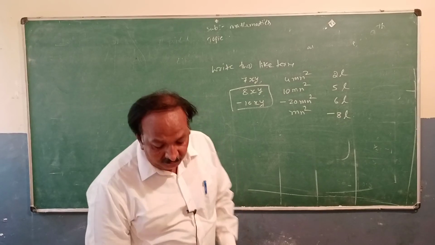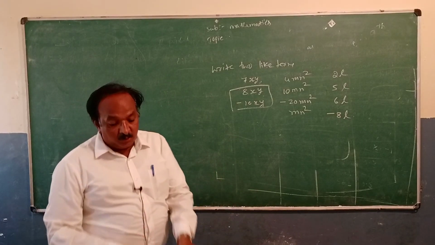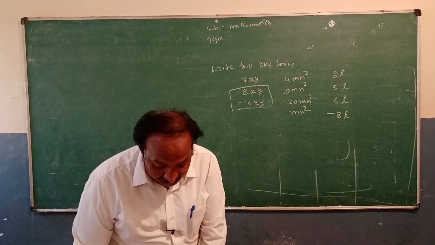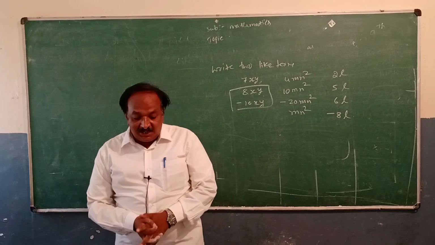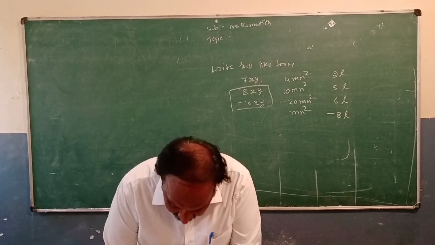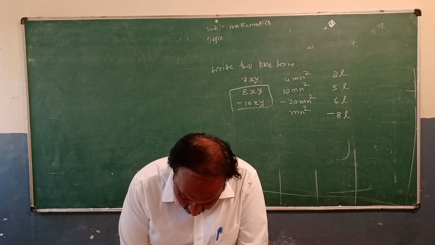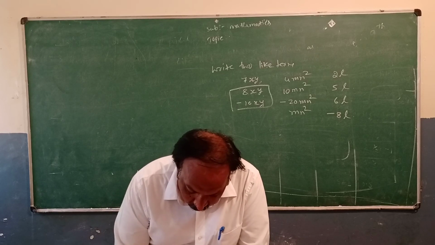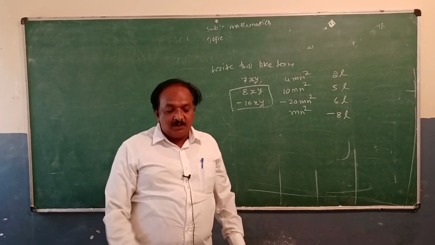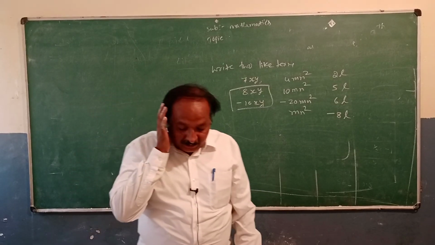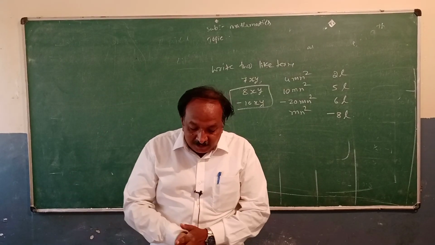So what are the things that we learned in today's class? We have to recapitulate once again. An expression is a combination of variables and constants. Next is how to identify terms and coefficients, called numerical coefficient or simply coefficient.